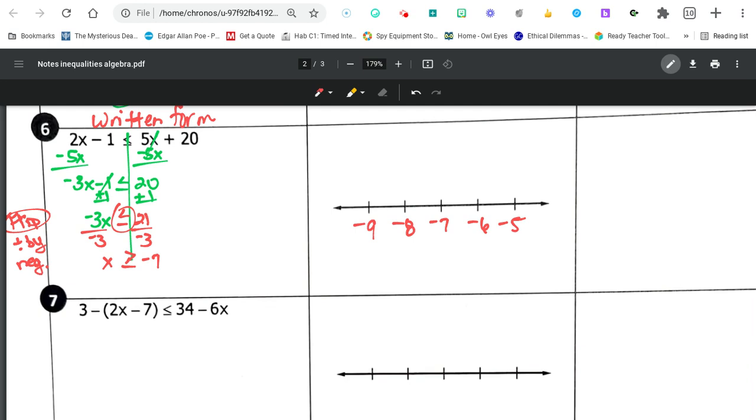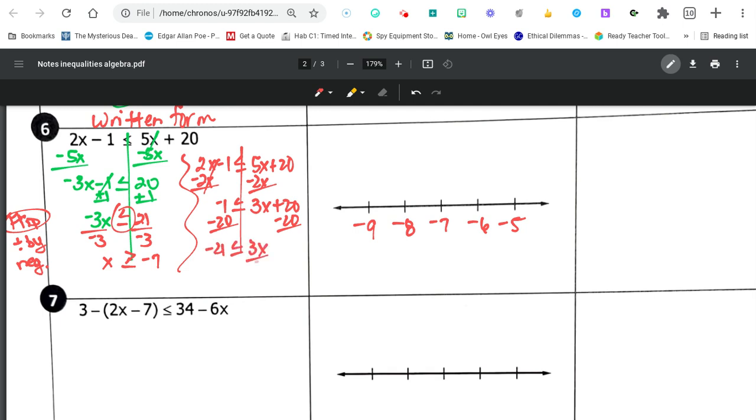Now, before I do the graph, I'm going to show you what it would have looked like if you had gotten rid of 2x. To get rid of 2x, you would have to change the sign. So some of you may have done it this way. Still get rid of 20 with -20. -21 less than or equal to 3x.